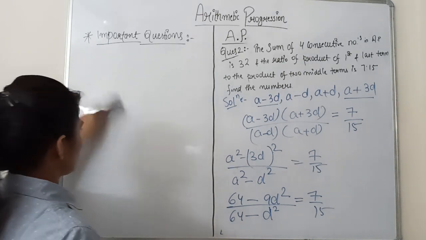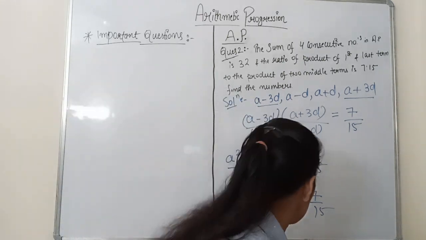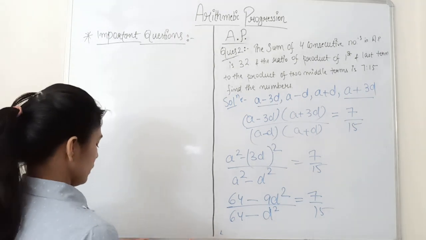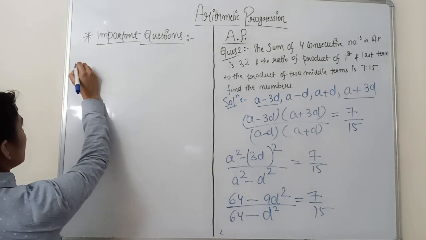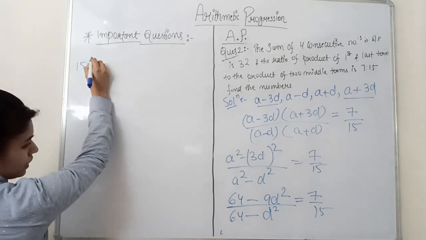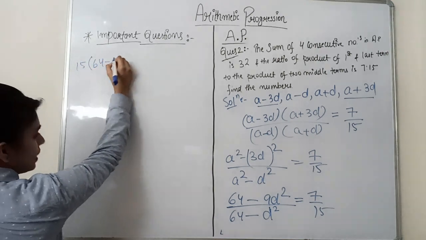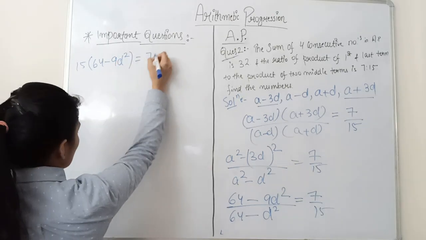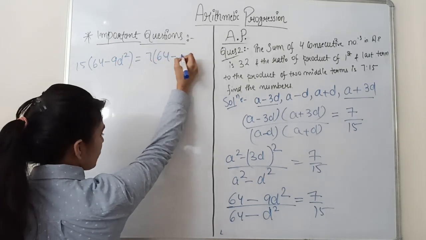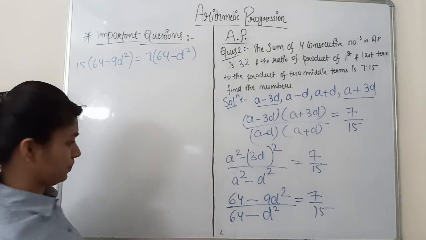After cross multiplication, we get 15 into 64 minus 9d square equals 7 into 64 minus d square.